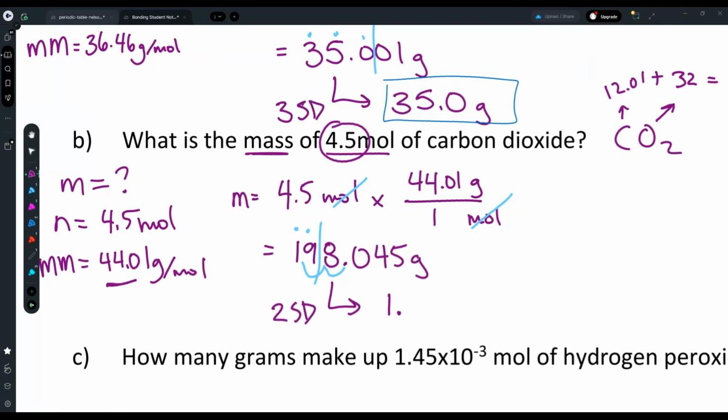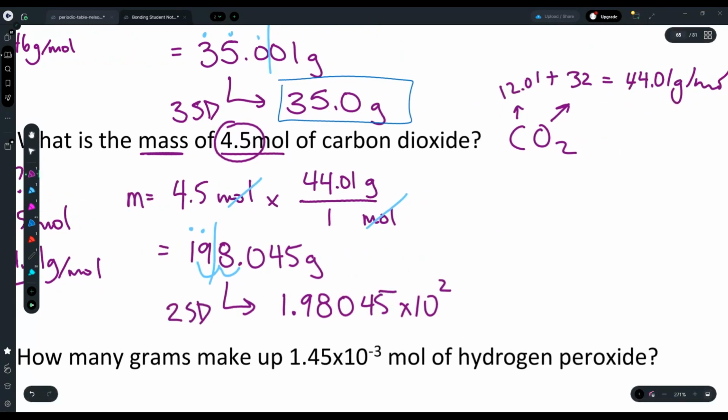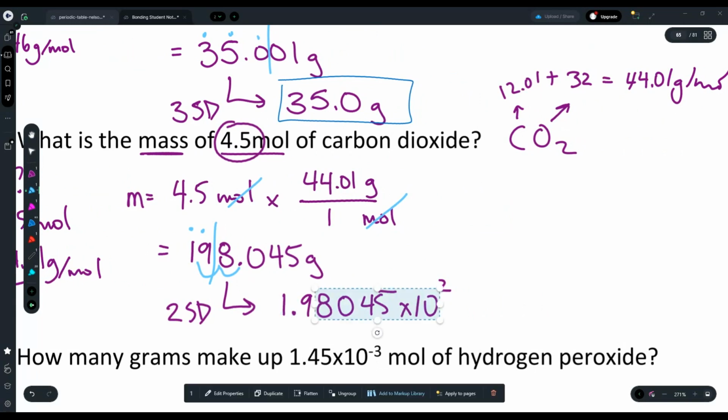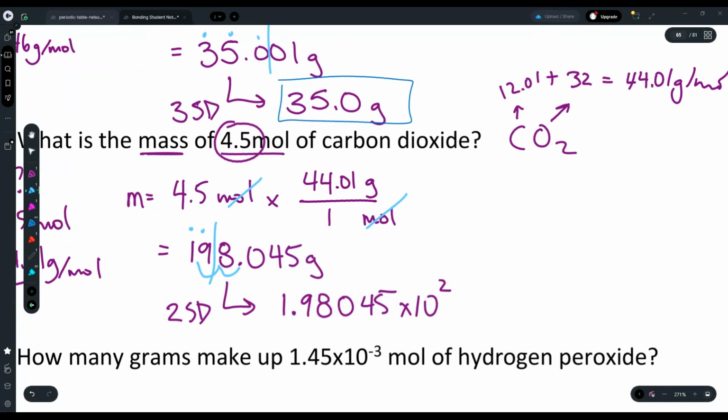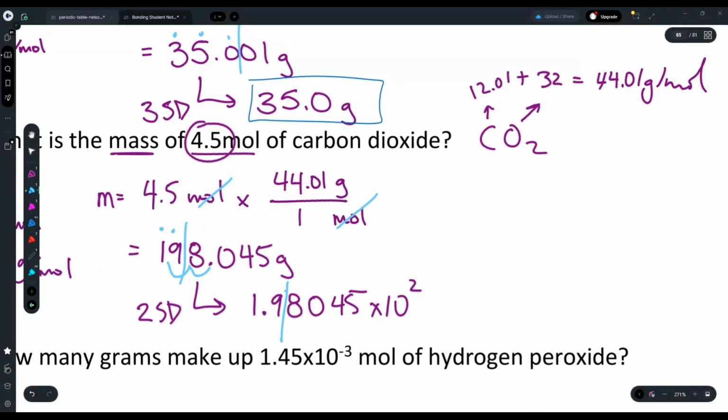So 1 point, and I'm going to round off in a second here. Okay, so times 10 to the power of, this is going to be positive 2 because our original number was greater than 1. But for sig digs here, my cutoff line is still there.